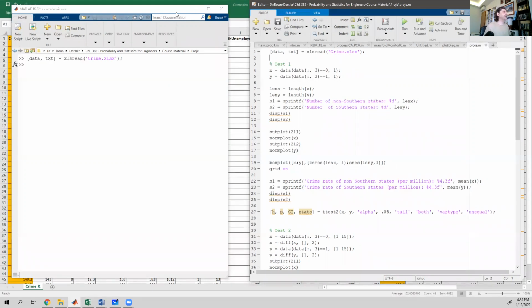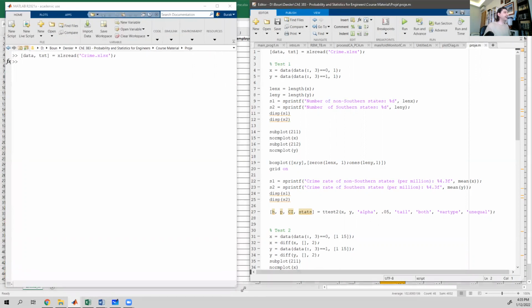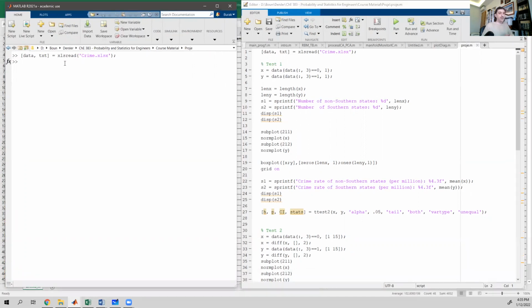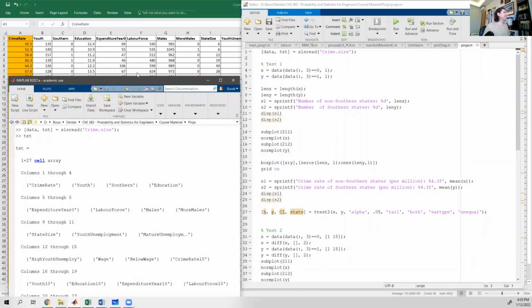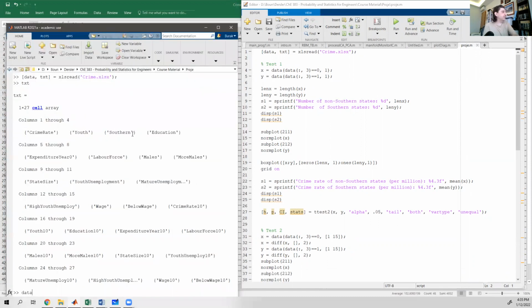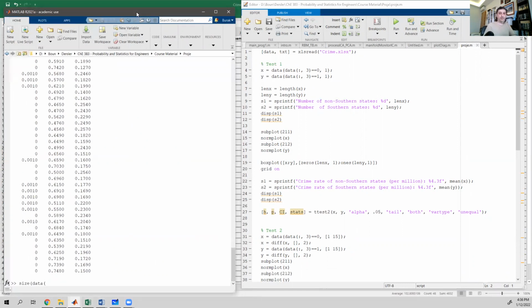This is the name of the file I have given, and I load it into Matlab. Note that txt here will correspond to the first row, and data will correspond to the rest of the numerical data. Checking the size of the data, I see that this corresponds to 47 states and 27 columns.